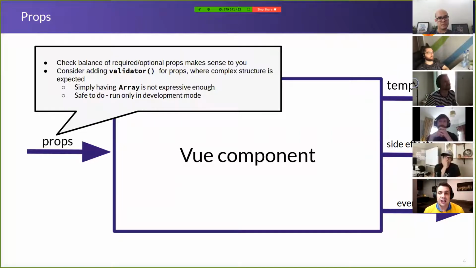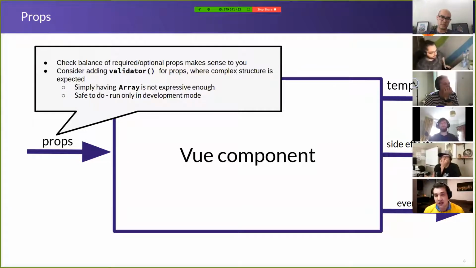Second, as we want to capture the contract, it is always a good idea to add a validator for props where a complex structure is expected. Sometimes we realize that a prop should receive a very specific array of data. For example, I saw an array of exactly three elements, each representing a potential state of the component.